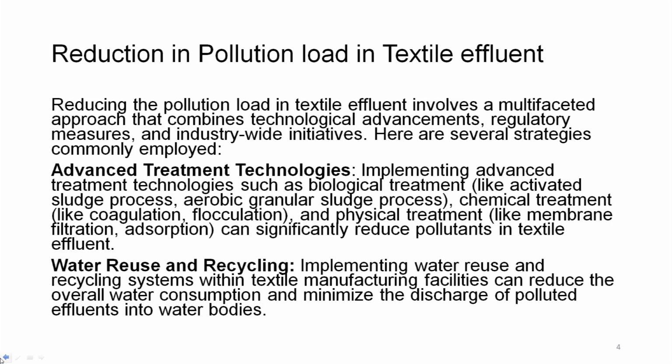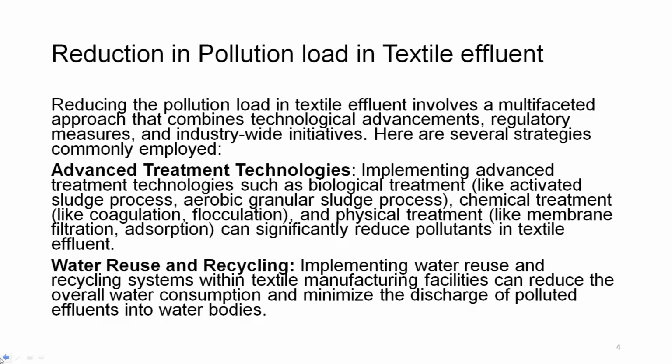Implementing advanced treatment technologies such as biological treatment like activated sludge process, aerobic granular sludge process, chemical treatment like coagulation, flocculation, and physical treatment like membrane filtration, adsorption can significantly reduce pollutants in textile effluent. And by now, I think you may have even gotten all these details by heart that we have already talked about.